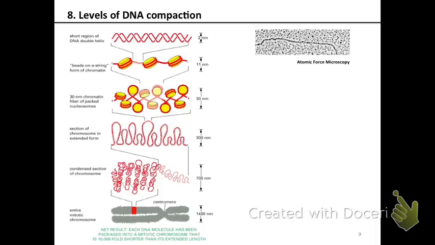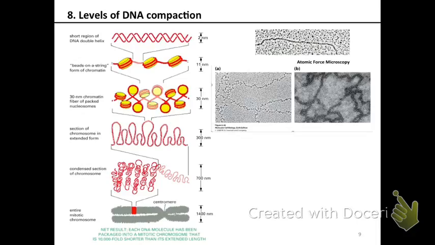Okay? At the very basic level, you can actually look at a DNA double helix using atomic force microscopy, which basically is not very exciting, right? So it's basically kind of like a thread. So this is where things get really exciting. If you isolate chromatin from nuclei and look under the microscope under conditions where these beads on a string can be revealed, you can actually see them.